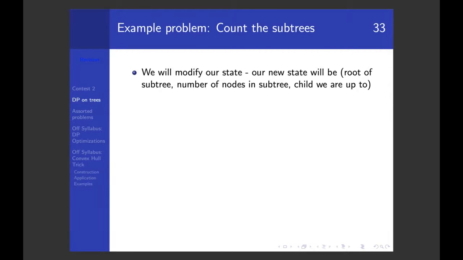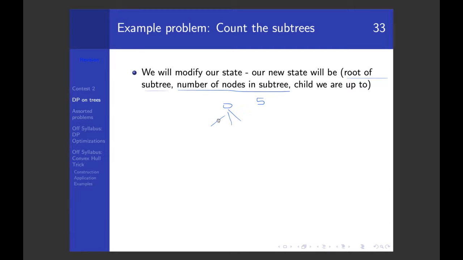We modify our state. Our new state is the root of our subtree and number of nodes, same as before, but also the child that we're up to. What I mean by that is we have a node with 3 children. Let's fix the size, say size 5.